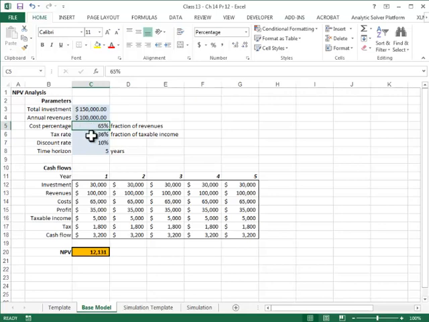The tax rate is going to be either 40% or 36%, depending on factors that are outside your control. And even in the cases where your taxable income is negative, you will still have to pay tax because you will probably have other income, so the tax effects will still hold.